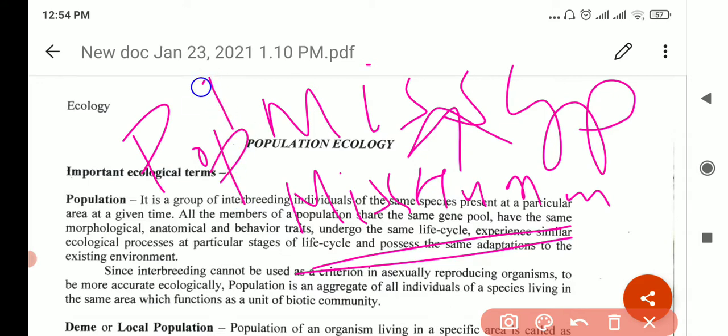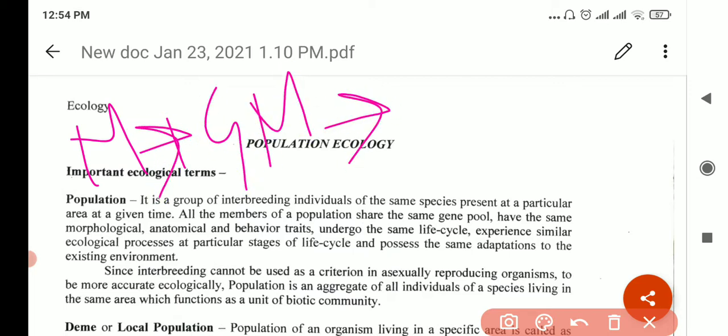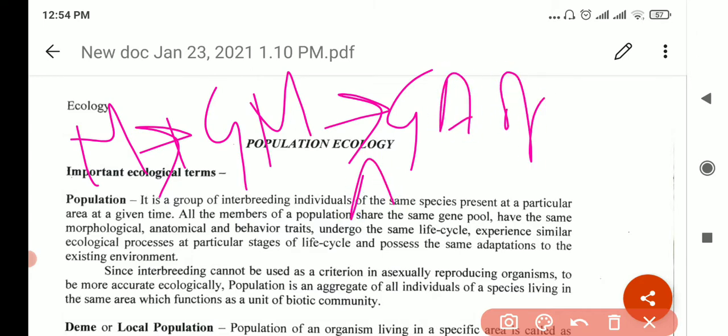Then all the different teachers of different colleges, that is your community, right? Then so on and so forth, it goes to the biome, then the biosphere, then the earth, then the galaxy, then the universe, right?